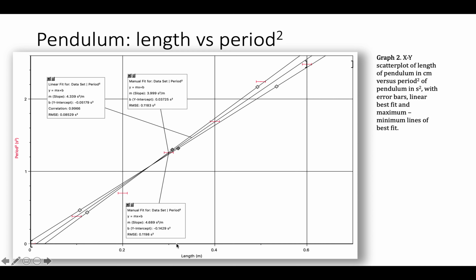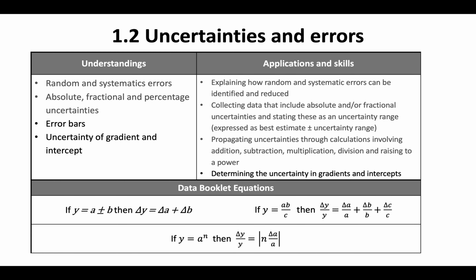And the error in the y-axis, I haven't gone through and done it on this graph, but you could extend these lines down here. Again, find the range between the maximum and minimum intercept and divide that by 2 to give you a similar thing. Okay, so hopefully that is all of the uncertainties and errors accounted for. Apologies if this video was a little bit longer than I had hoped, but I hope it was useful.